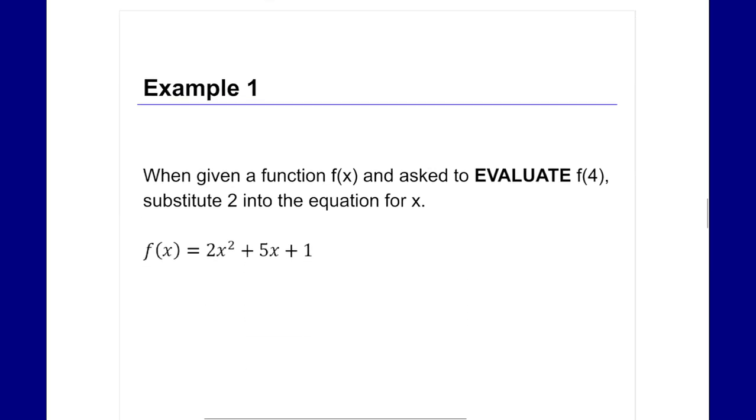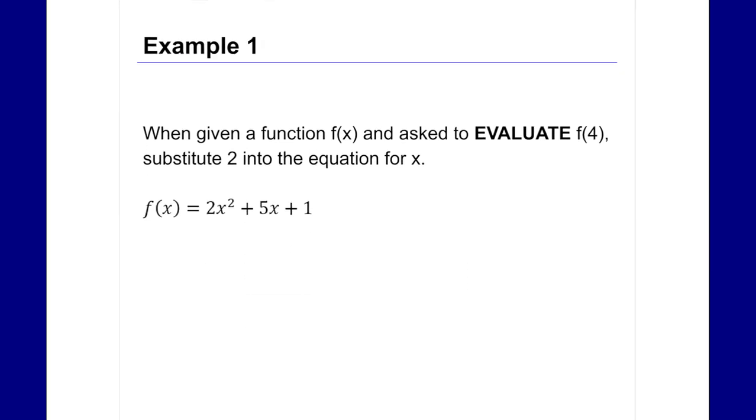So let's just look at a basic example. When given a function f at x and asked to evaluate f at 4, right? Not fat 4, it's f at 4. So this is basically saying what is the value of our function when x is 4. It says substitute 2, we don't mean 2, that's a typo there.